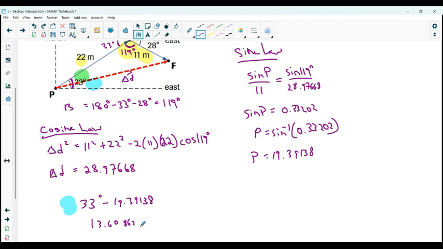That's the angle that I colored in blue. That's what that angle is going to be. And I can reference that in relation to east, which is great.